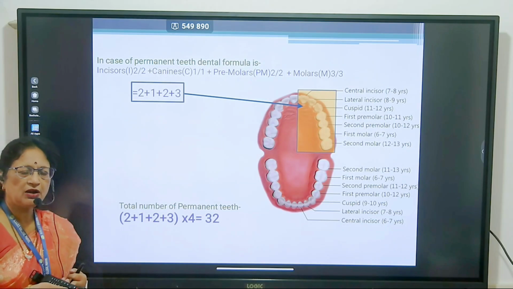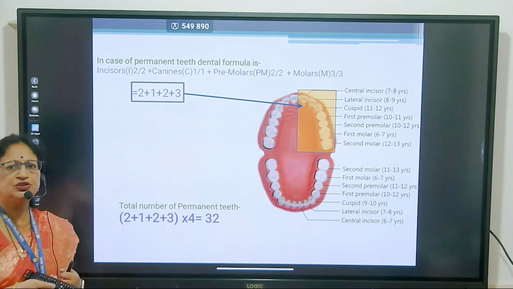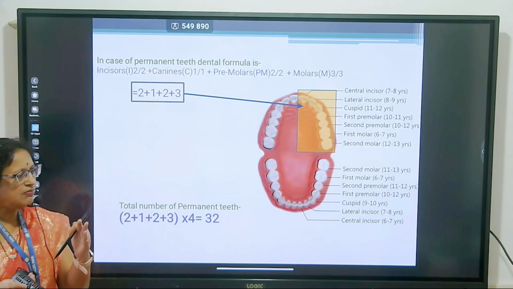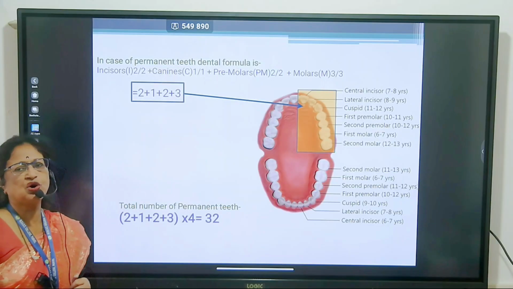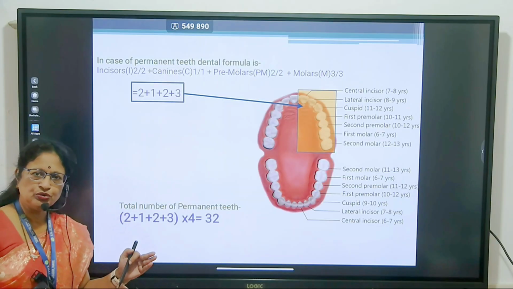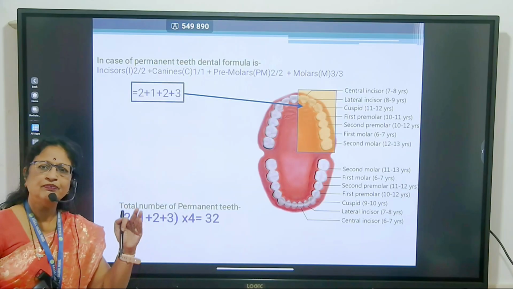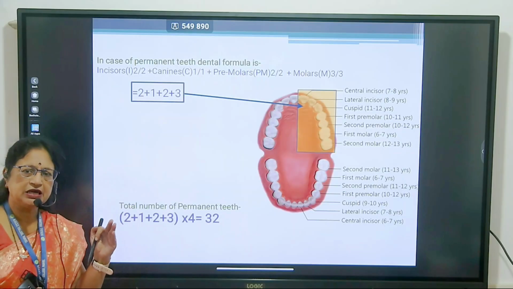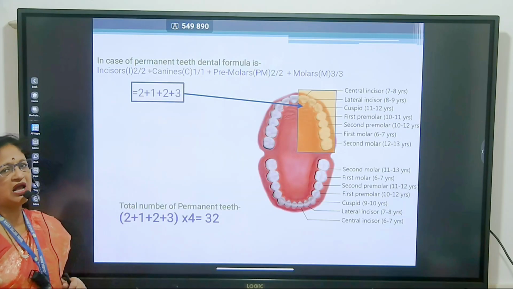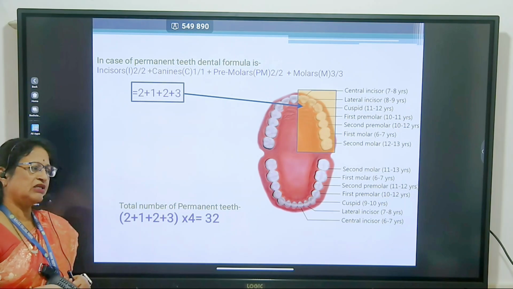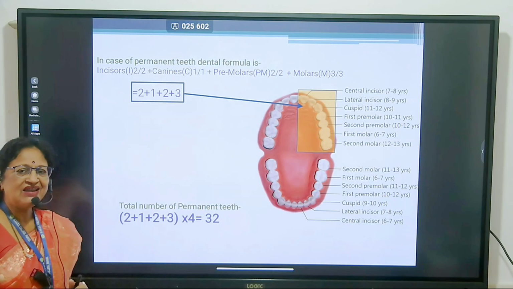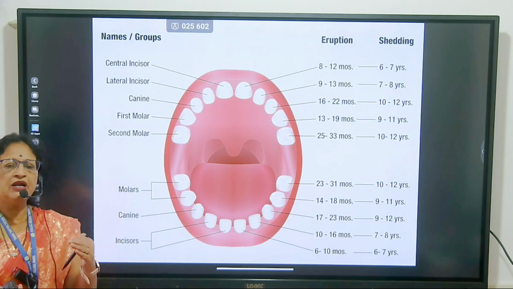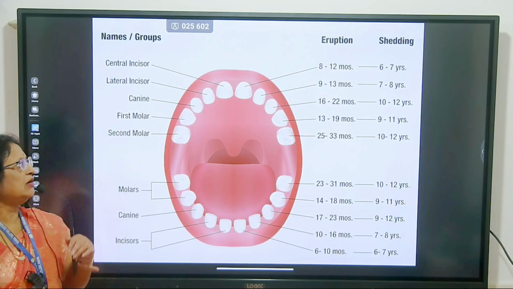So, the dental formula becomes 2 plus 1 plus 2 plus 3 in the half part of the upper jaw. So, the total number of teeth in the upper jaw becomes 2 plus 2 incisors, 1 plus 1 canines, 2 plus 2 premolars, and 3 plus 3 molars. And the overall formula becomes 2 plus 1 plus 2 plus 3 multiplied by 4, that is 32 teeth are present in the permanent set in human beings.